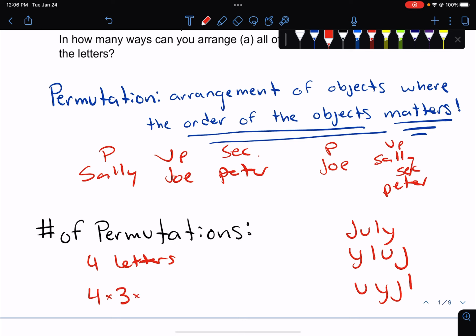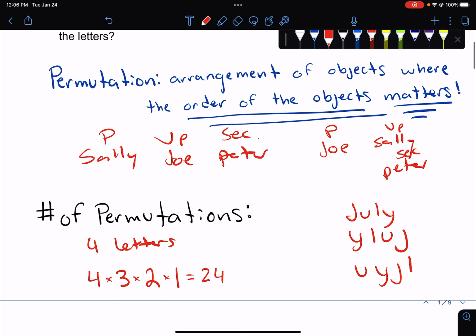The third letter, I've already picked 2 of them, so there's only 2 left. And for the last letter, I've picked the other 3, so there's only 1 left. If I multiply those numbers together, 4 times 3 times 2 times 1, 4 times 3 is 12, times 2 is 24, times 1 is 24. So there's 24 different permutations if I am organizing the letters of the word July.